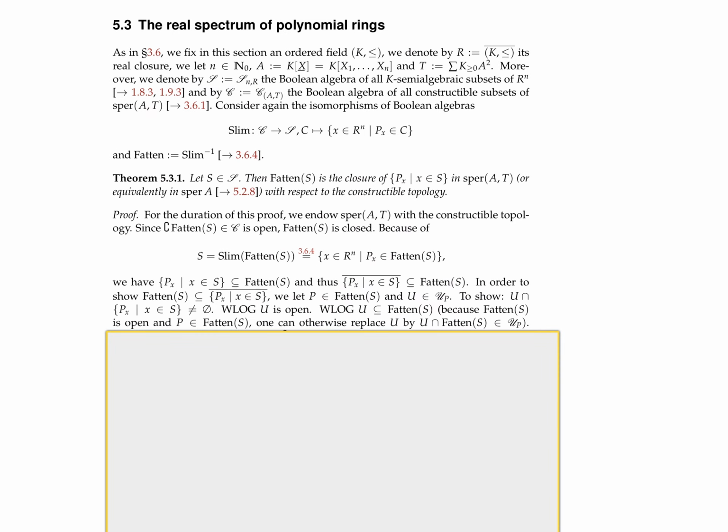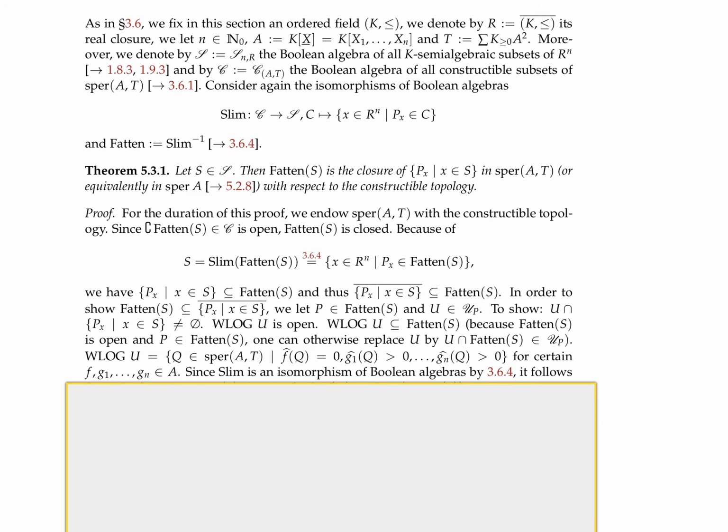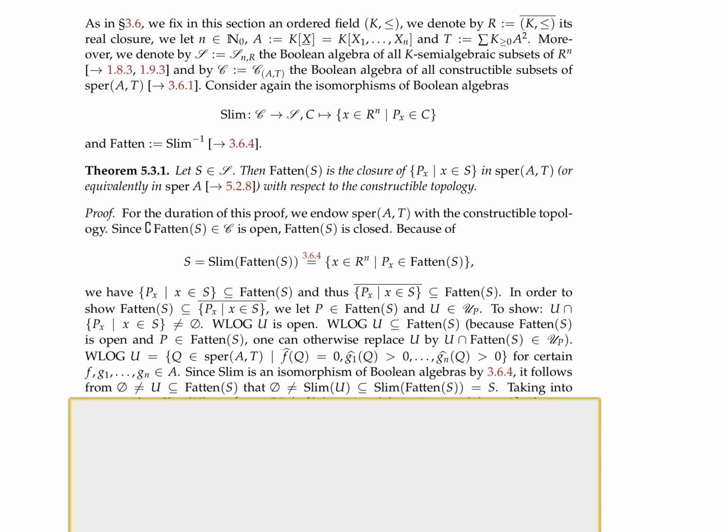Then I have that U is of this form, where f and g_i are polynomials over K. So since slimming is an isomorphism of Boolean algebras by 364, it follows from the fact that U is non-empty and contained in the fattening of S that the slimming of U is not the empty set, because an isomorphism of Boolean algebras maps a non-empty set to a non-empty set.